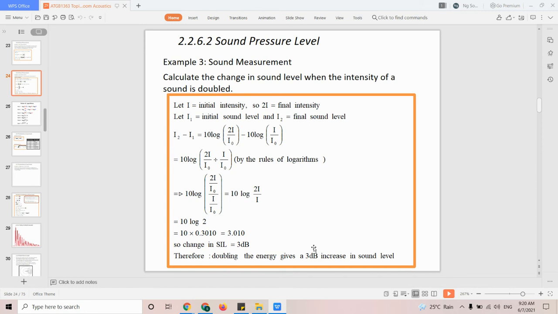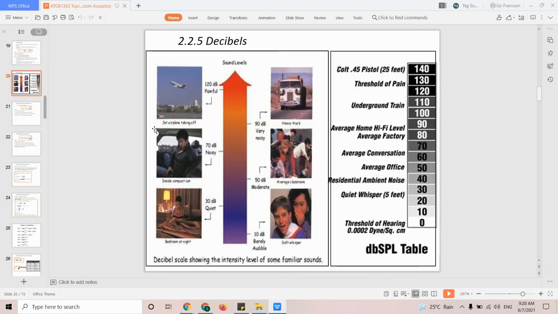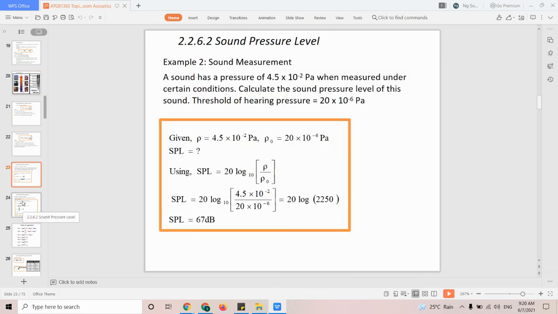It gives a simple way of simplifying lots of zeros into a more simplified value lah. That's what logarithm is all about. So for sound, you have to make use of this logarithm in our measurement of sound.